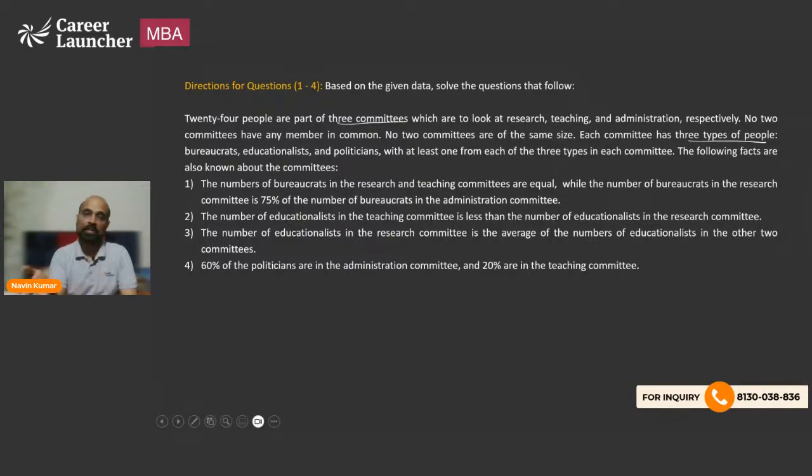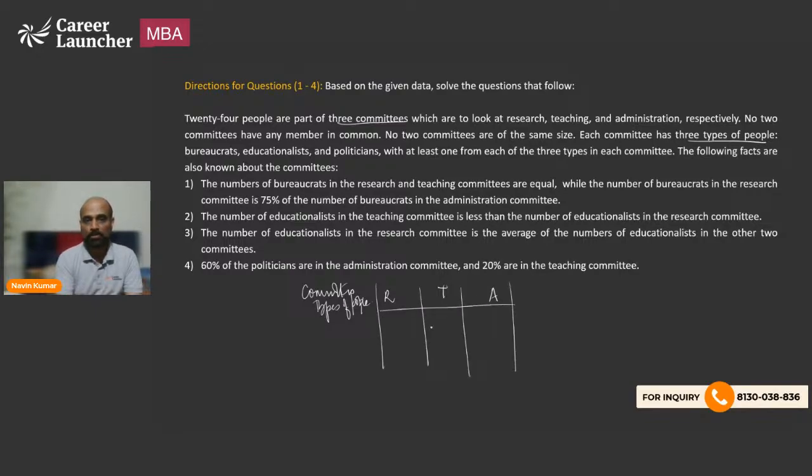And within a committee, we are given some data, some information about types of people, and within types of people, we are given some information, right? So isn't it better if we write down research, teaching, and administration as the committees, and then types of people as the rows? So the best way would be to represent a table.